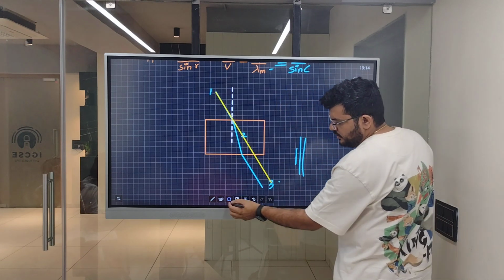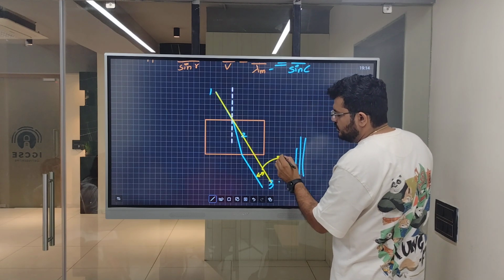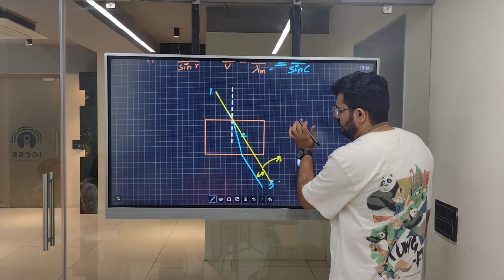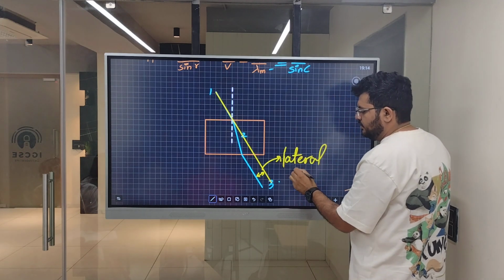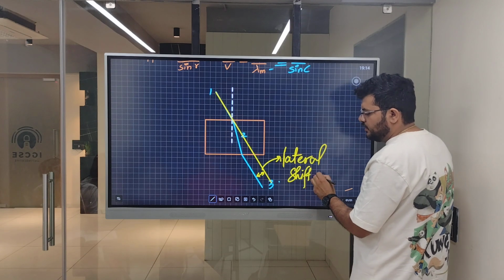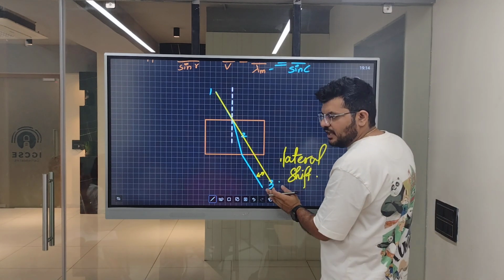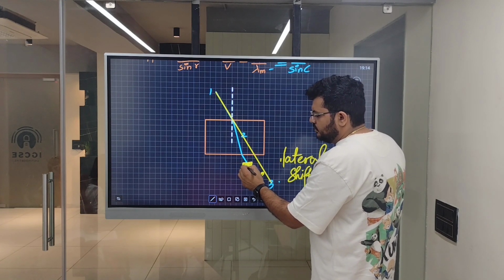This is a small shift. This is known as lateral shift. What has happened is that if the light is traveling from here to here, let's say there is a coin over here.